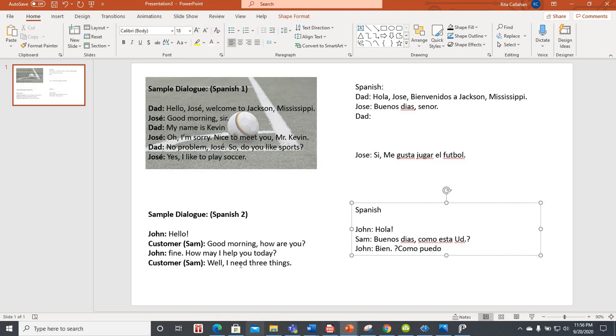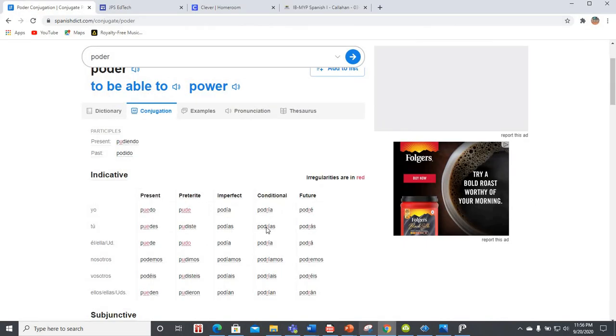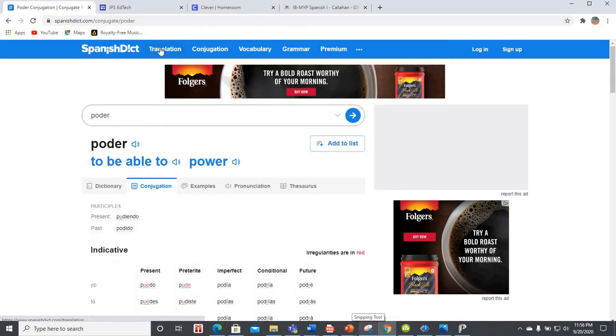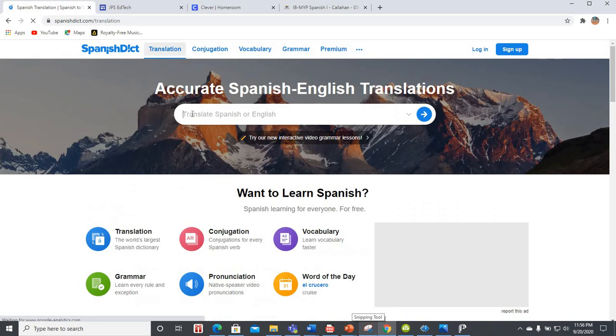Okay, now I have another verb. Help. Two verbs? Okay. So now I need help. I really need help. So let's go back to SpanishDict.com. I need to know what the verb to help is.